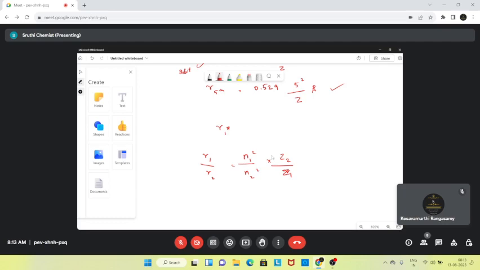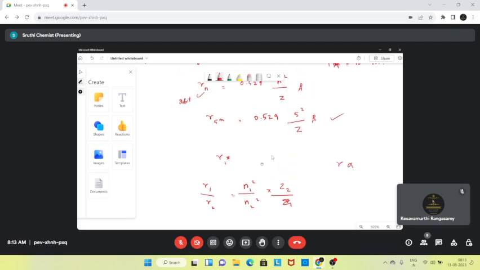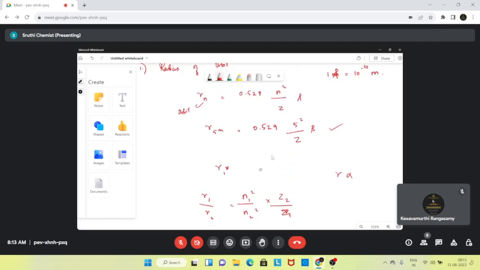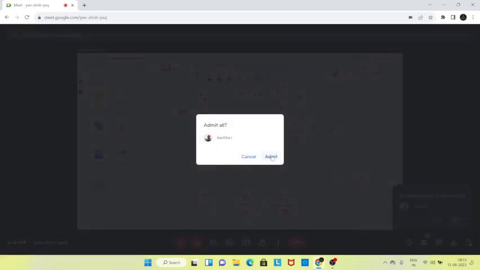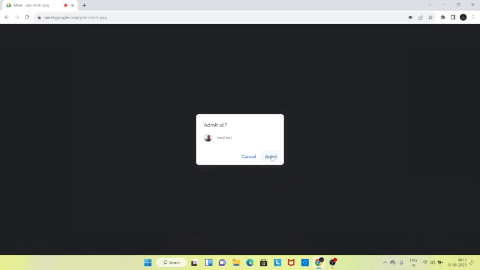From this it's very direct. Is radius directly proportional to n or inversely proportional to n? Yes, directly proportional. Radius is directly proportional to n, and radius is inversely proportional to the Z value.